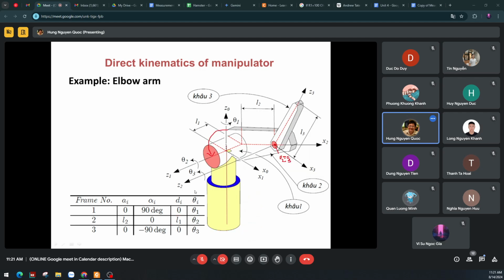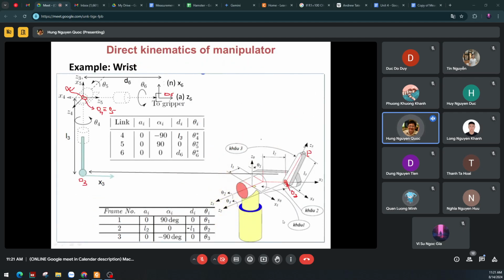So here also minus, here also minus. Remember, minus. So here it is a little bit wrong, or maybe they missed a note somewhere that it should be minus. Okay, now we go to the next one. For example, at this point, we will put the gripper here.